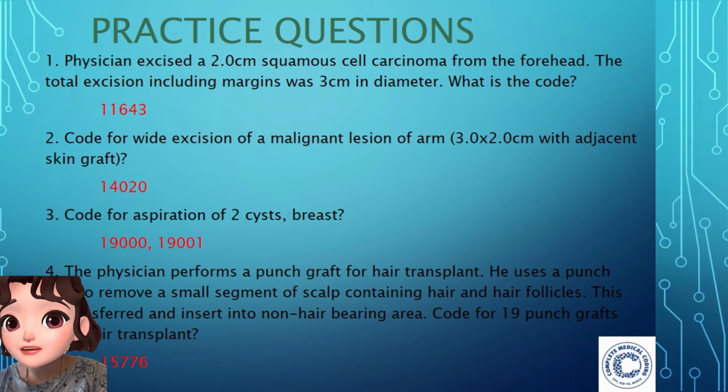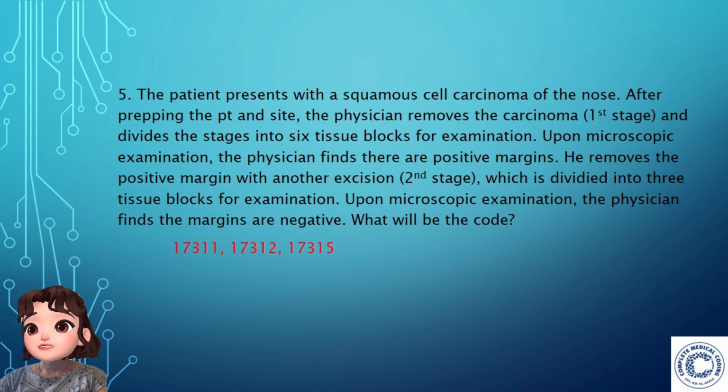Next is an important question. This is the one regarding the tissue blocks, which I had mentioned earlier. The patient presents with a squamous cell carcinoma of the nose. After prepping the patient, the physician removes the carcinoma, which is the first stage, and divides the stage into 6 tissue blocks for examination.